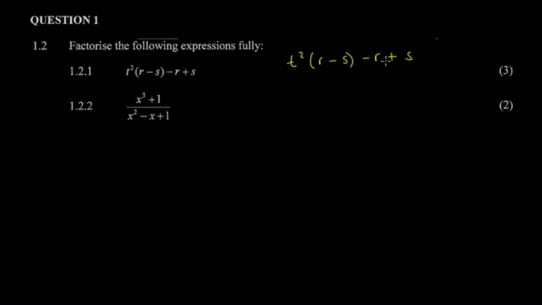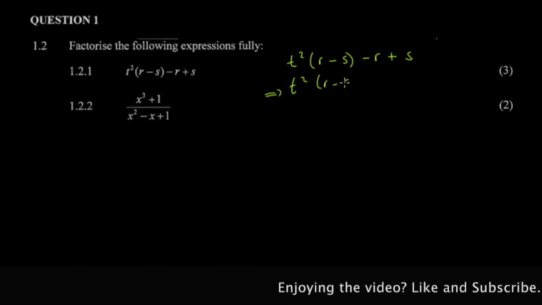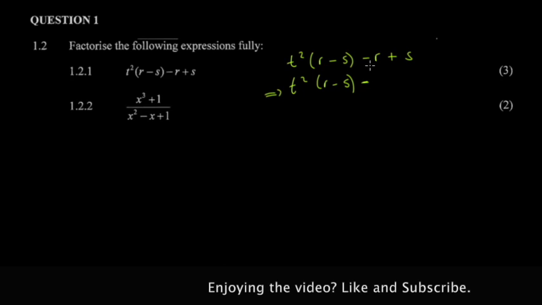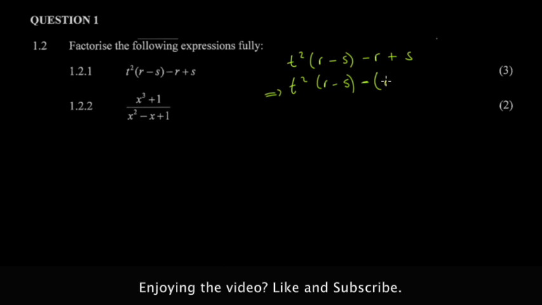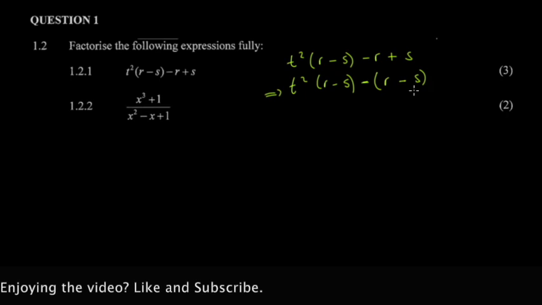The one is the negative of the other. So you can actually match these brackets. Let me show you what I'm talking about. So you get r minus s. If you factor out a negative here, you get r, then negative and positive, you get negative s. So you've matched these brackets.